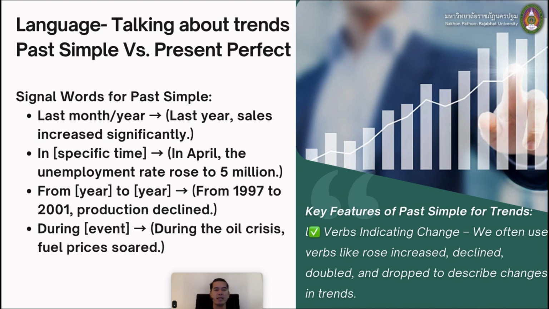So, verbs indicating change: we often use verbs like rose, increased, declined, doubled, dropped to describe changes in trends. For example, the population rose to a certain level as of 2025. In 2024, the population declined because of disasters, diseases, something like that.